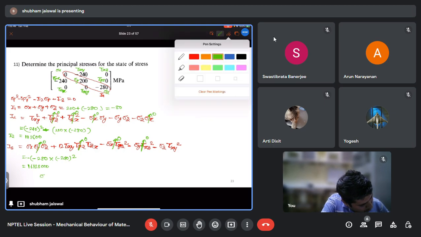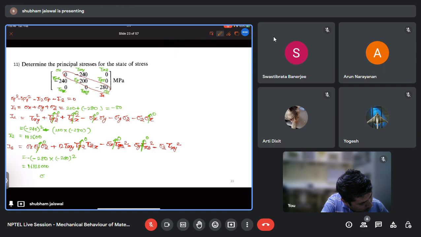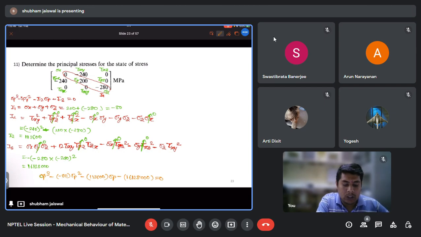Sigma p cubed minus I1, which is minus 80, sigma p squared minus I2, which is 113600, sigma p minus 16128000 equal to 0. Now solve this equation and please tell me the value of different sigma.